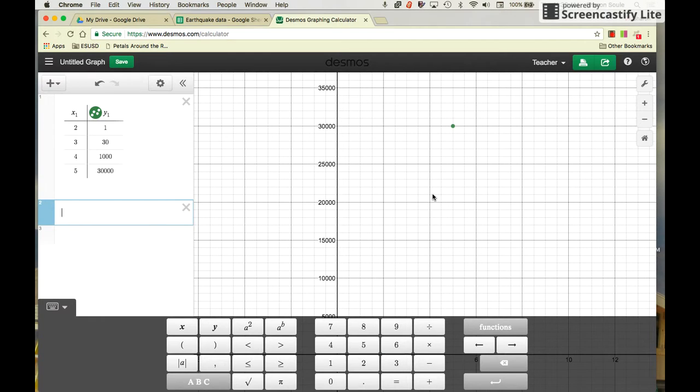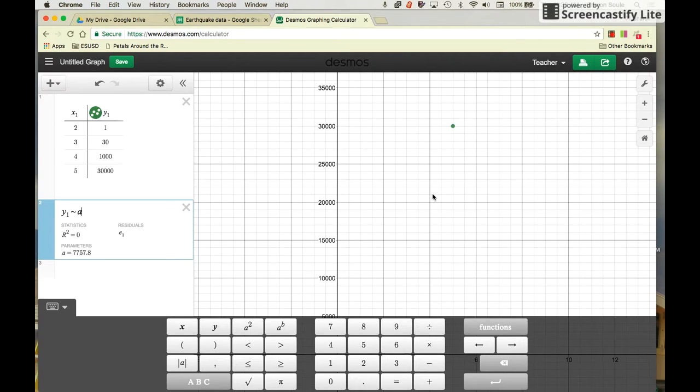So in order to produce exponential regression, we are going to say, okay, so Y1, I think that the numbers in the column Y1 are related to X1 in a certain way. And it's really nice. You just type in Y1 and it puts the subscript 1 in for you automatically. So we think that it is an exponential.